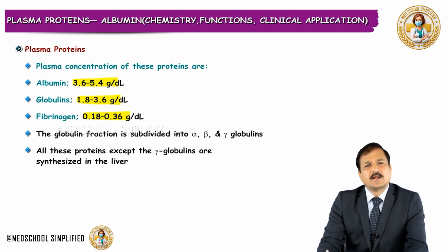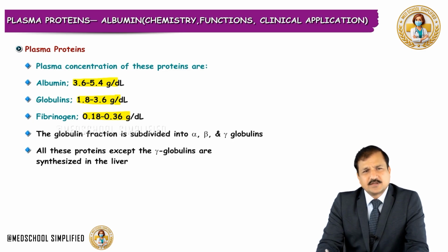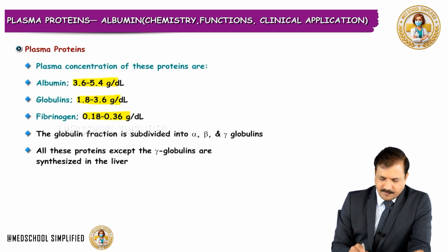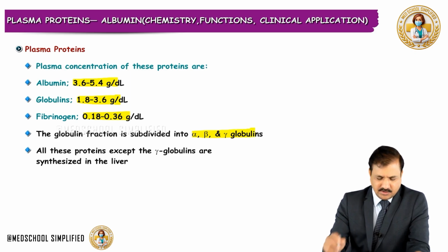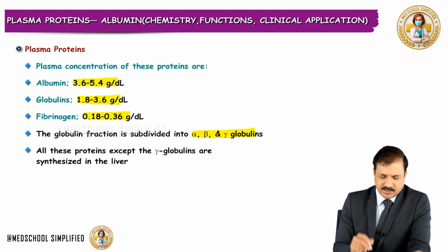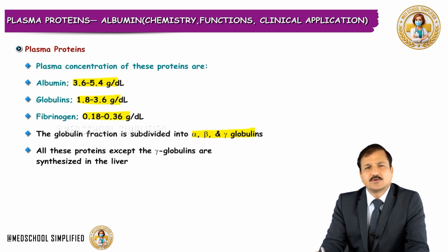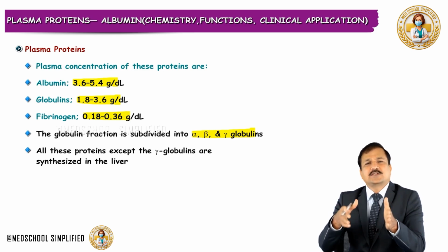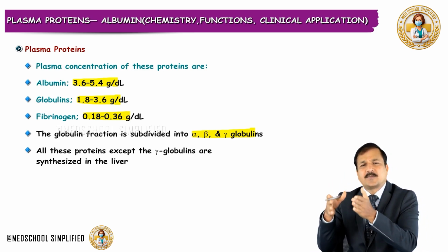Now, the globulin fractions can further be divided into alpha globulins, beta globulins and gamma globulins. The plasma globulin concentration is 1.8 to 3.6 grams per deciliter, and within that we are classifying alpha, beta and gamma globulins.